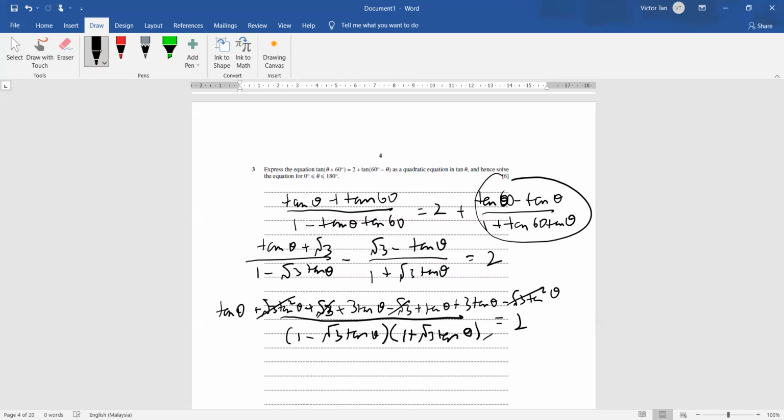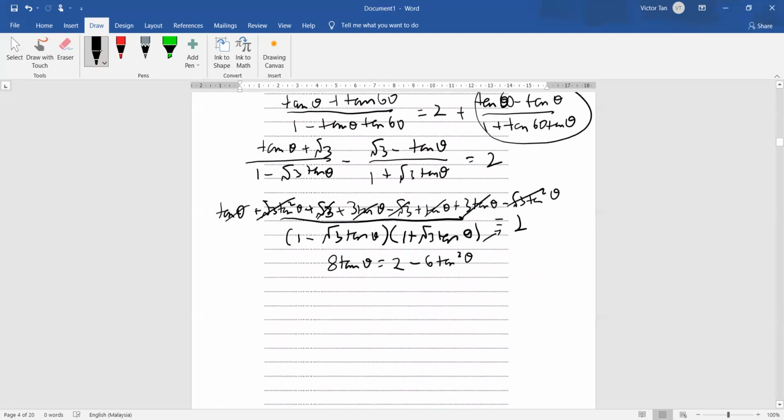This one you multiply up with 2. So 2 tangent theta plus 3 tangent theta plus tangent theta plus 3 tangent theta is 8 tangent theta, equals 2 times 1 minus 3 tangent squared theta, which is 2 minus 6 tangent squared theta.